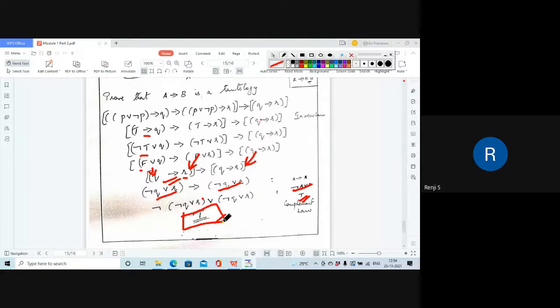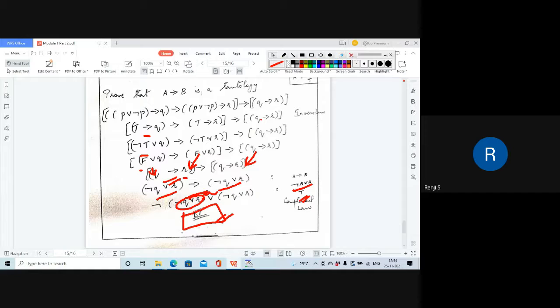So we get it using the complement law. Consider the entire thing as A, and this is also the same A, isn't it? So not A or A is true.